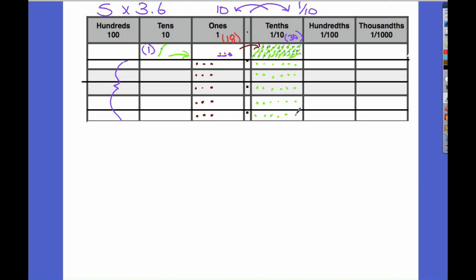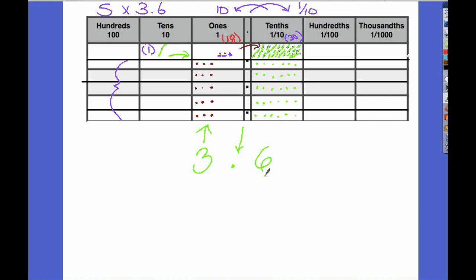Somewhere I skipped one. Okay, how many do I have in each row in the ones? 3. Bring down a decimal. How many do I have in each row of the tenths? 6.